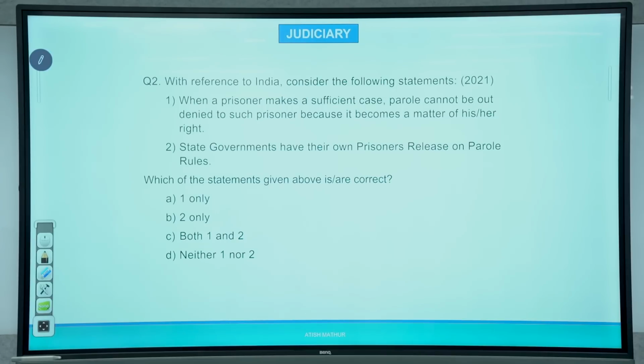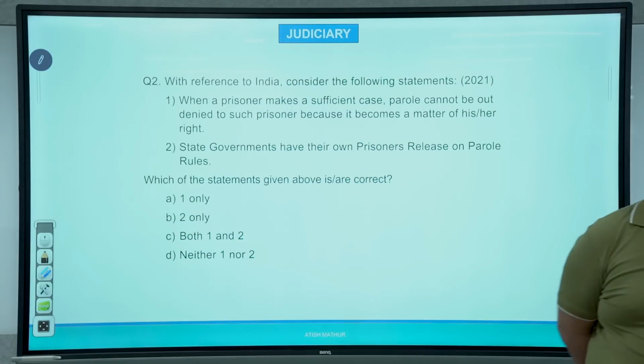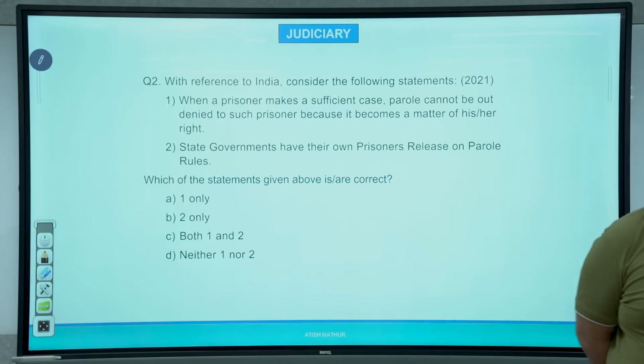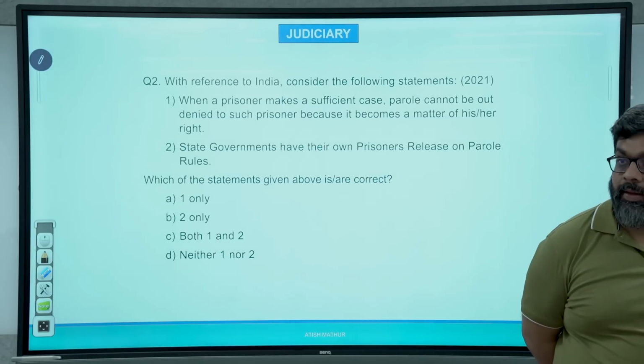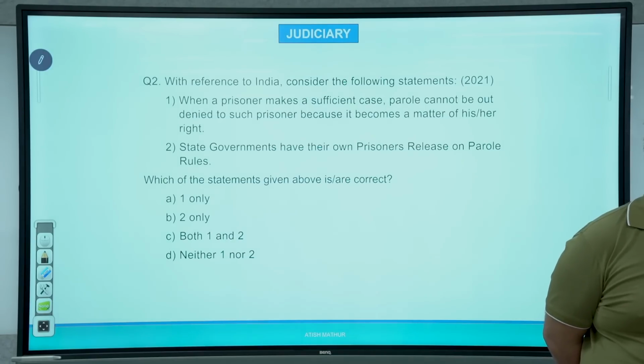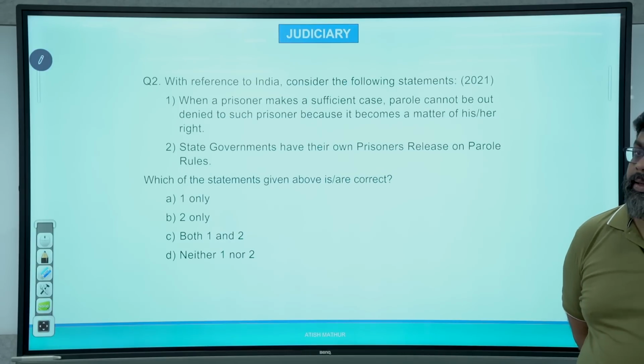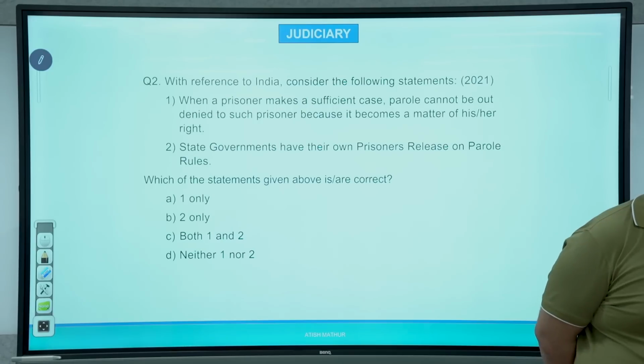Second, state governments have their own prisoners release on parole rules. This seems like a factual question. What is the closest piece of information that we have? पुलिस स्टेट सब्जेक्ट है, लॉ एंड ऑर्डर स्टेट सब्जेक्ट है. यस, स्टेट्स के पास अपनी लोकल जुडिशरी है, तो अपने रूल्स नहीं बना सकते.